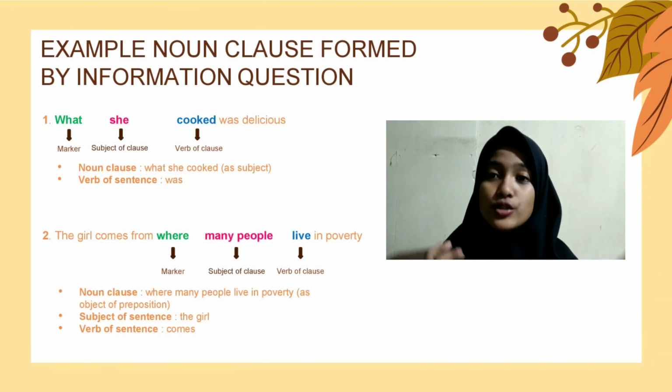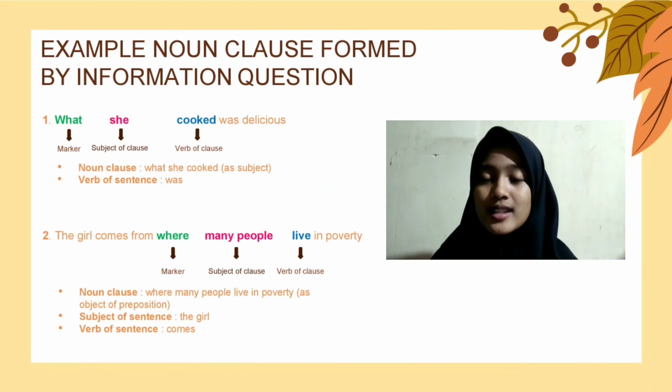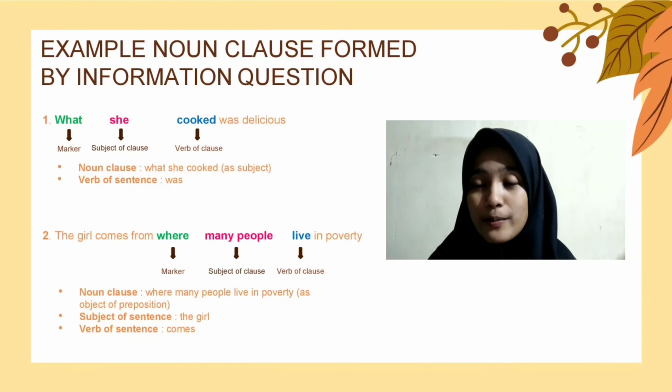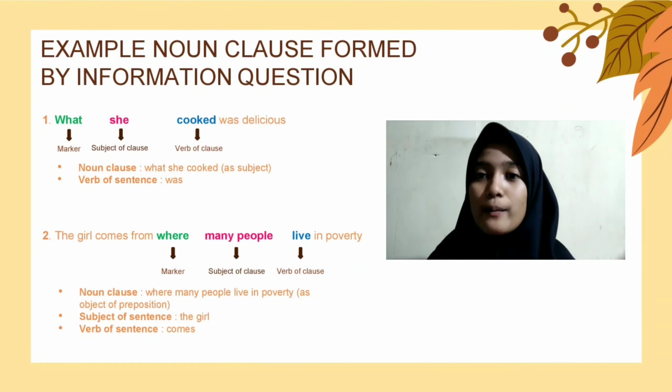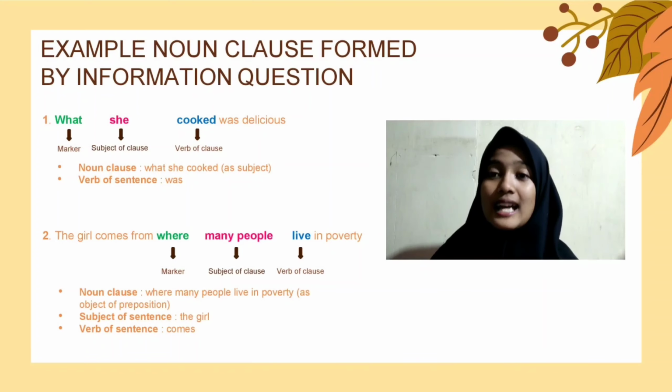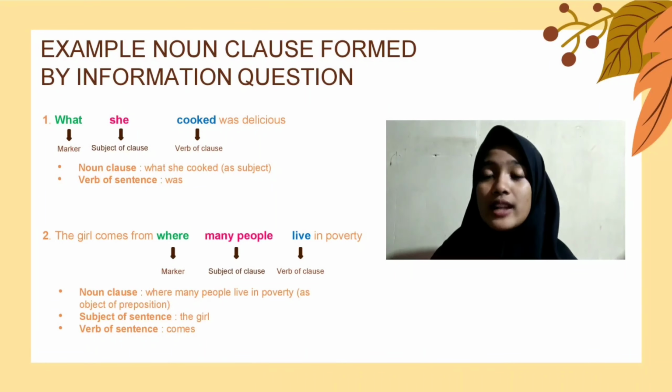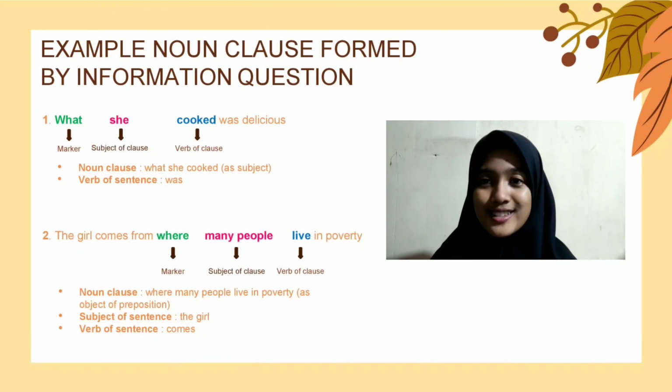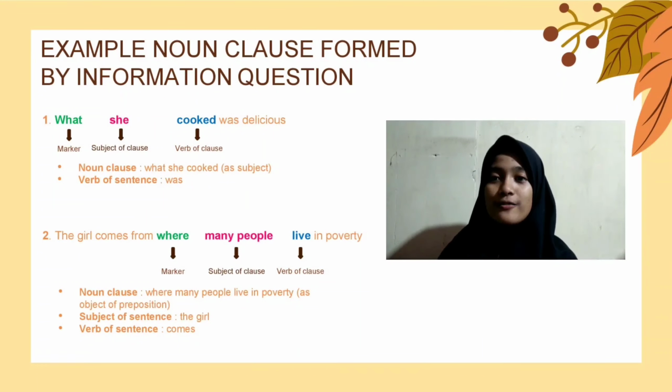And number 2. The girl comes from where many people live in poverty. In this sentence, "where many people live in poverty" is a noun clause, with the function of object of verb of sentence.